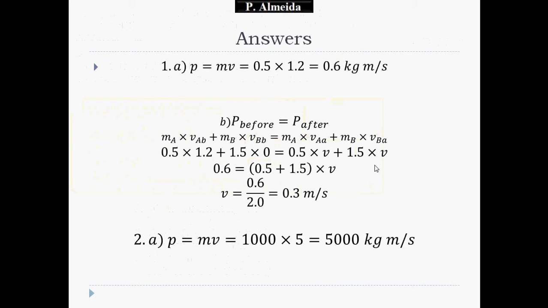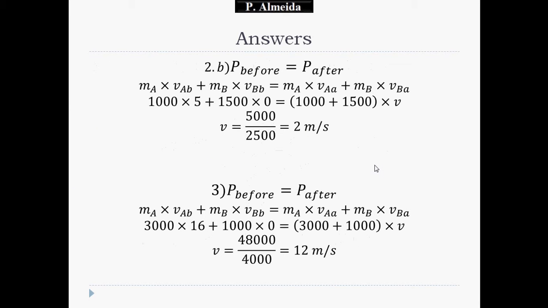So again, I take the long formula and substitute the values immediately below. 3,000 times 16, the mass and the velocity of the first object before the collision, plus 1,000 times 0, the mass and the velocity of the second object before the collision, must be equal to 3,000 plus 1,000 times final velocity. This is because it's 3,000 times V plus 1,000 times V. Again, I can do that because the final velocity will be the same for the two objects, okay?